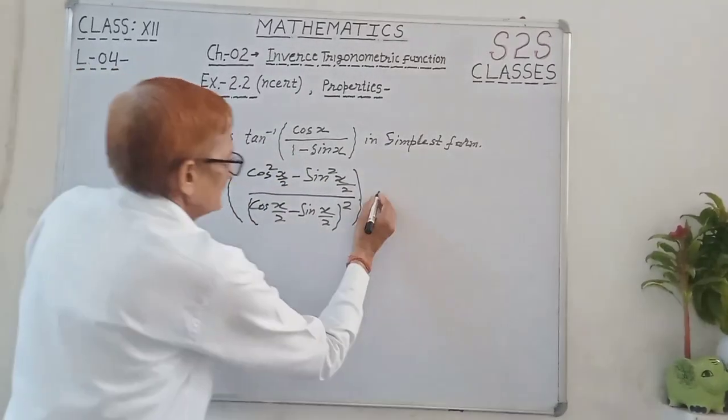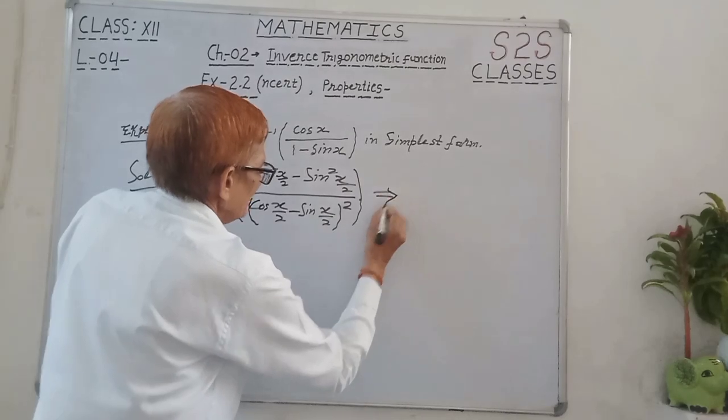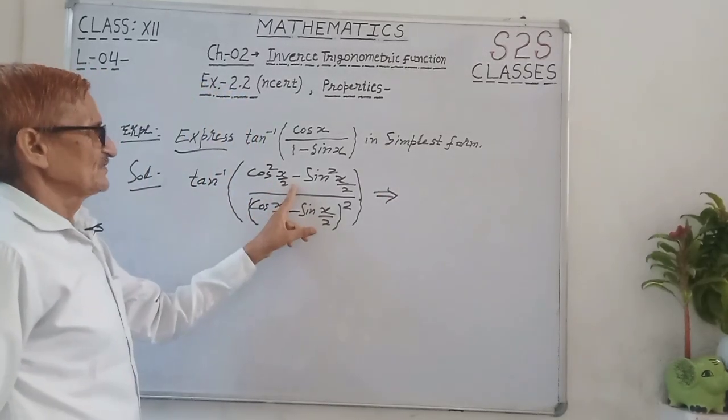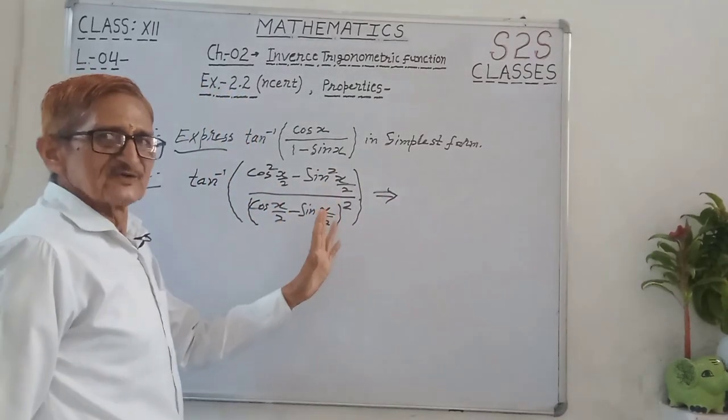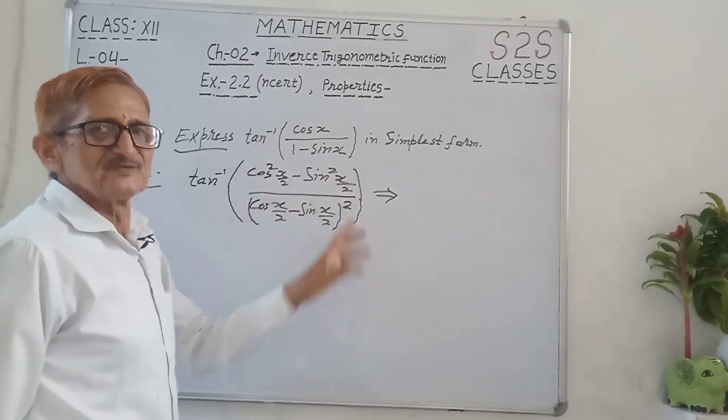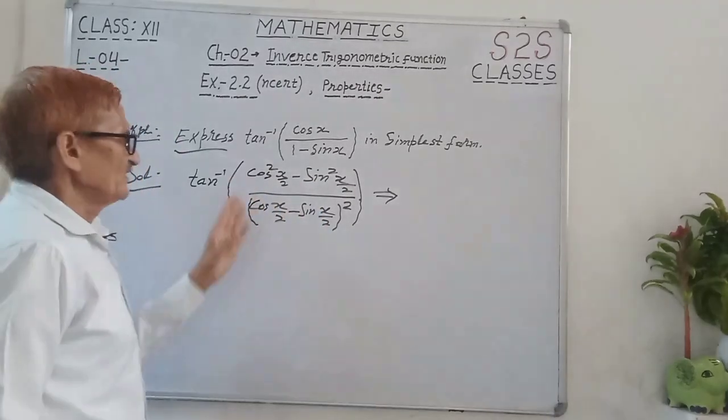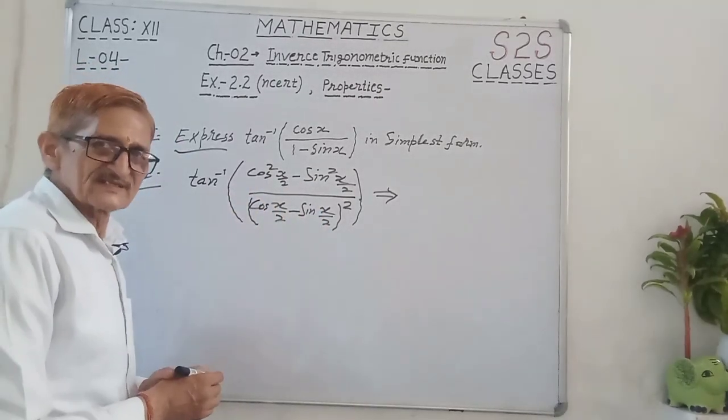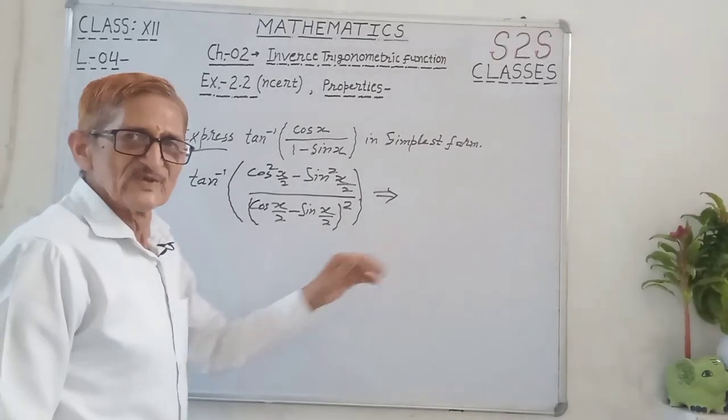Okay. Now after that, cos square x by 2 minus sin square x by 2 means a square minus b square. For a square minus b square, there are two factors, a plus b into a minus b.